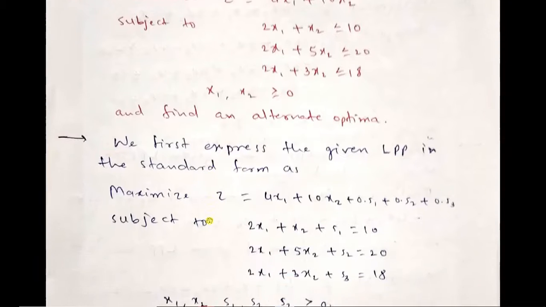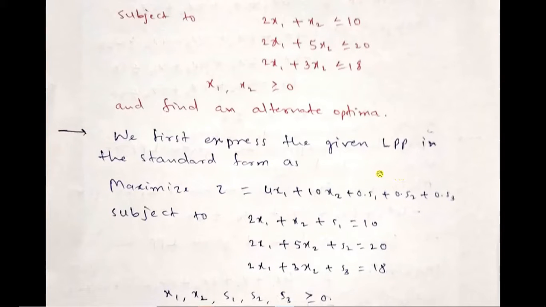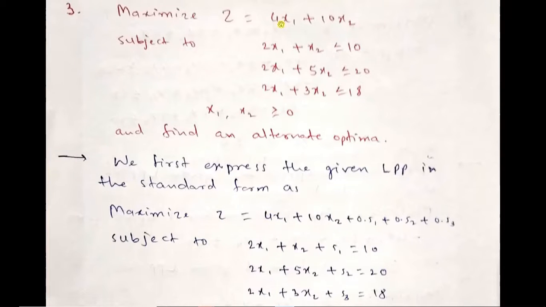See the solution. So we first express the given LPP in standard form as, maximize z equal to objective function as it is 4x1 plus 10x2 subject to, so all the constraints are less than equal to type, so we'll add slack variables. So here plus s1, here plus s2, plus s3, and all are equality sign.